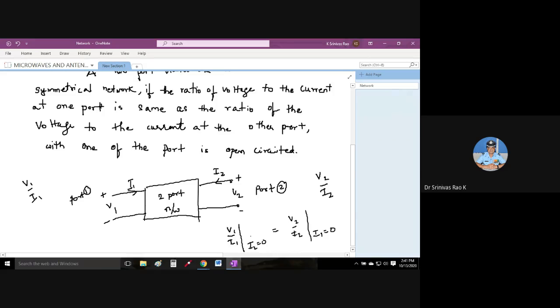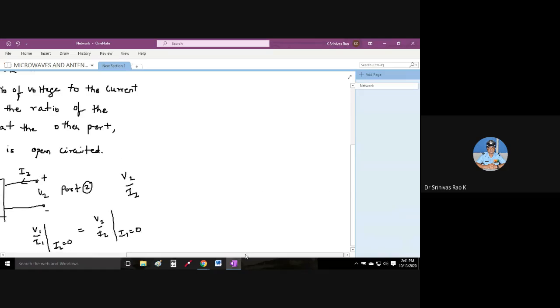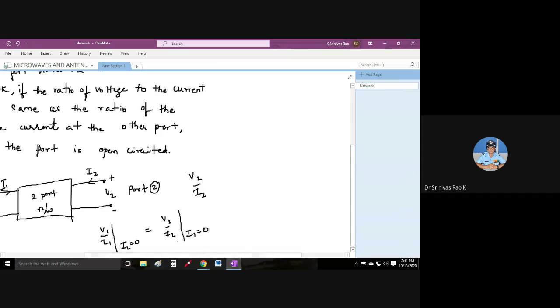In case of V1 by I1, port 2 is open circuited, and here port 1 is open circuited. If I have this condition, then I will get this equation.